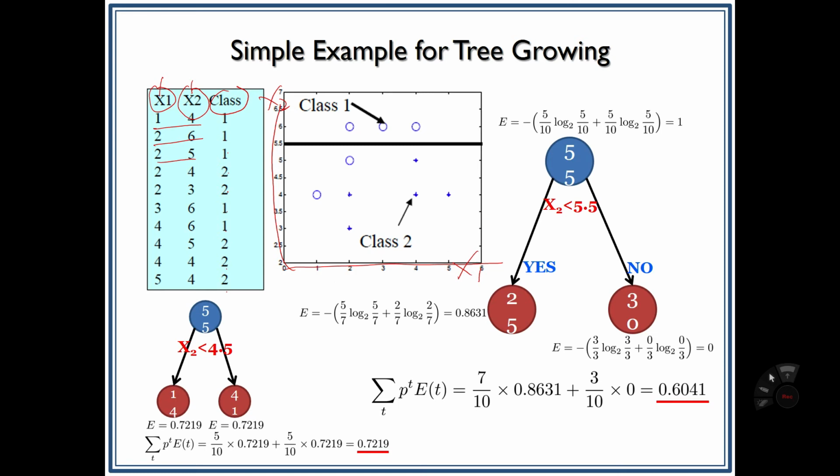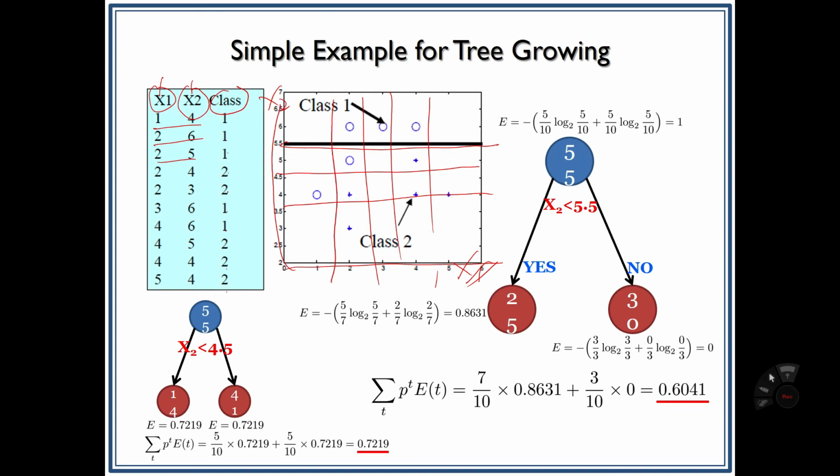Then the question that I want to give you is, how many splits are possible for this data set? We can split into two parts by this line, or this line, or this line, this line, this line, this line, this line.